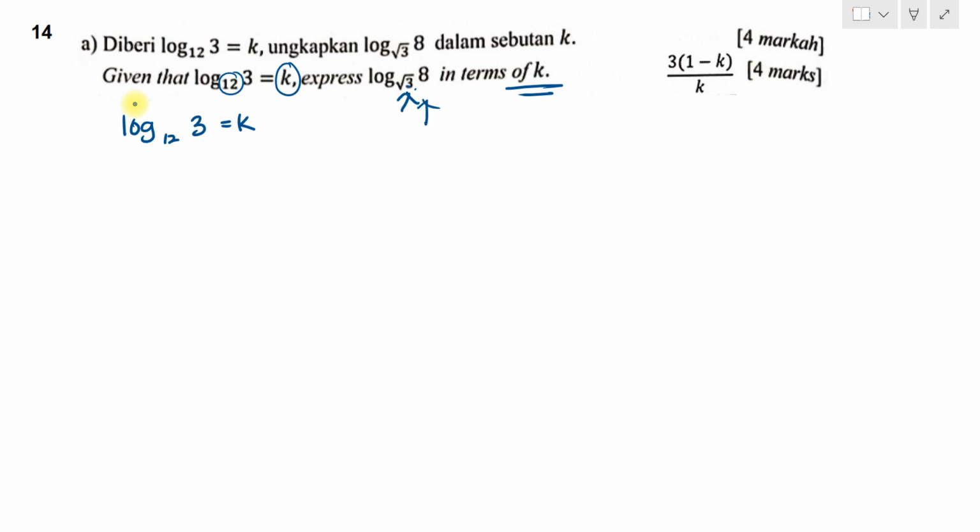Okay, we change this part. So log, I want to change to base 12, and then what we have here. Okay, the 8 will be here. The root 3 will be here. Root 3 is 3 power half, so half letak sini lah.